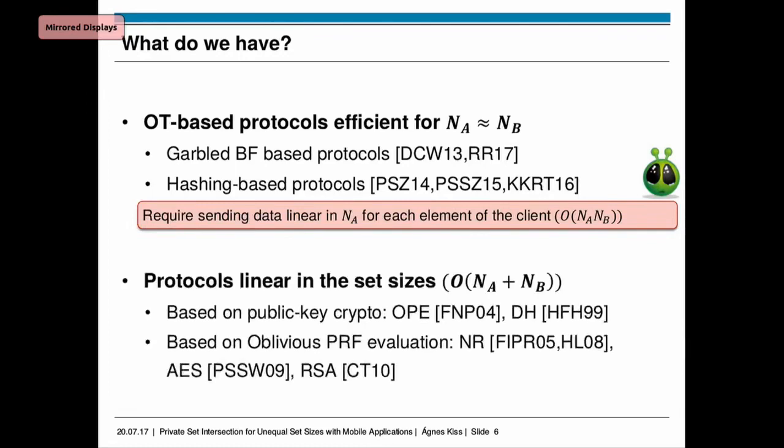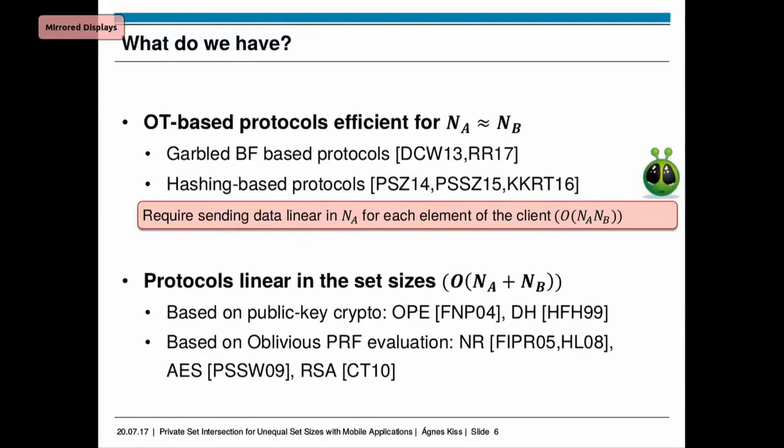So what else do we have? We also have some linear protocols that are linear in both the set sizes. The problem with these protocols is that in general they perform worse than the OT-based protocols, because they are based on public key crypto. So the research kind of stopped in this direction at some point and went towards the other one.